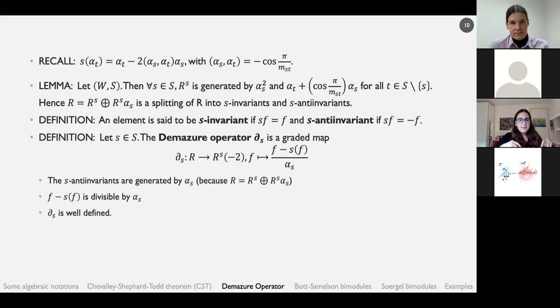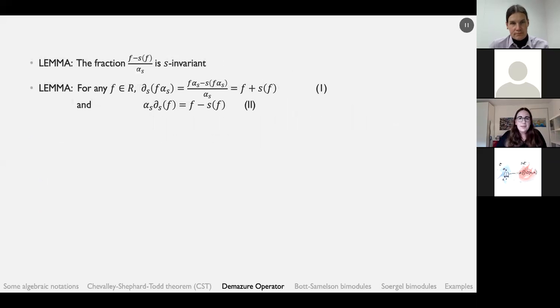And since this is the case, we can conclude that f - s(f) is divisible by α_s, hence ∂_s is well defined. Moreover, we can say that the fraction (f - s(f)) divided by α_s is s-invariant, since both the numerator f - s(f) and the denominator α_s are s-anti-invariant, so the whole fraction is s-invariant.